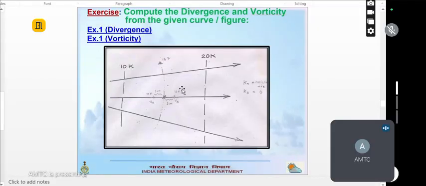So you get this rate of change along the streamline. So you get two things: on this curve, and on the rate of change along this side, these two will give you divergence. Okay, let me show you.